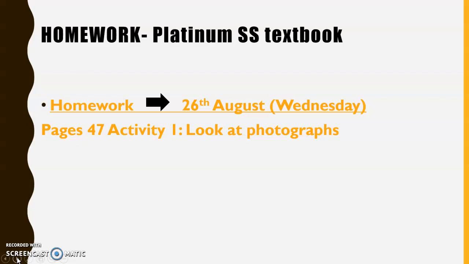Number 2 says, with your class, talk about where each of the foods on the list come from. For example, cheese is made from milk, which comes from a cow. So when we do corrections on your return on Wednesday, we will talk about this. As we name the foods, we will unpack if it comes from an animal or a plant.